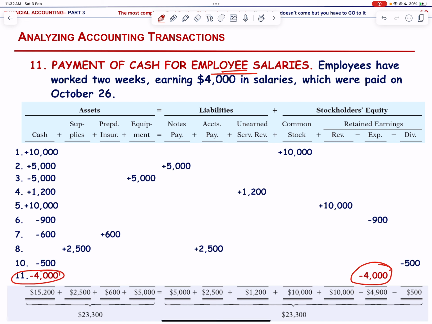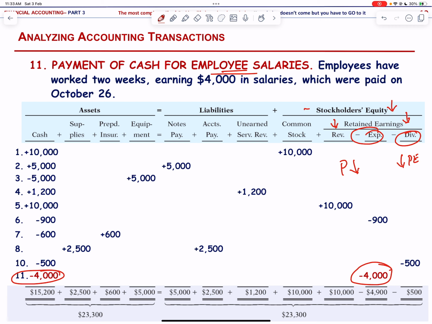Now why are we putting a minus for expense or a dividend? Because expense will decrease our profit, and decrease in profit means there is a decrease in retained earning and there is a decrease in stockholder equity. When we talk about dividend, dividend is going to decrease our retained earning, and when retained earning is going to decrease, it means stockholder equity is also going to decrease.